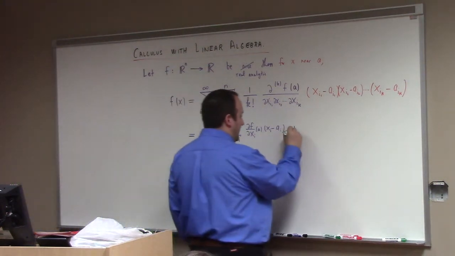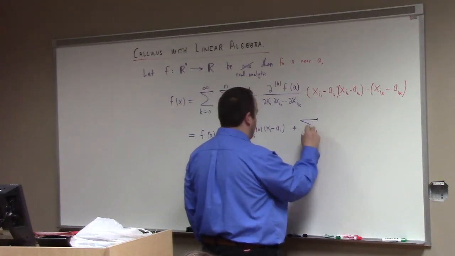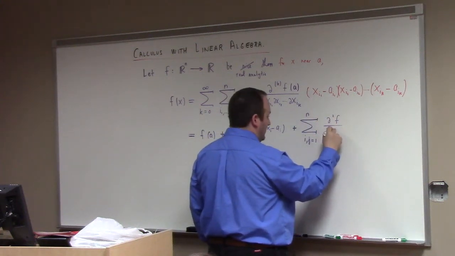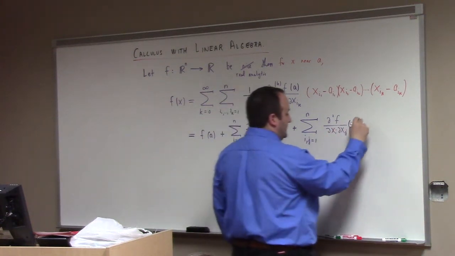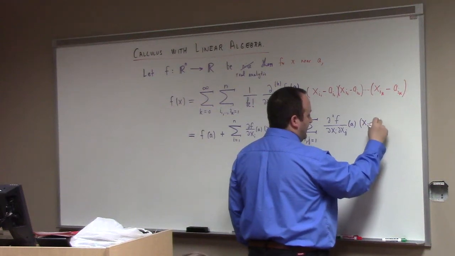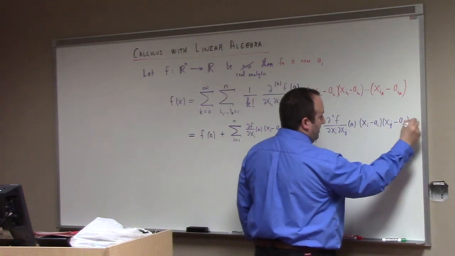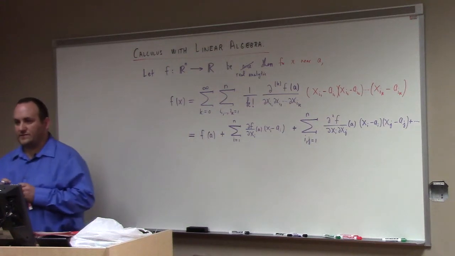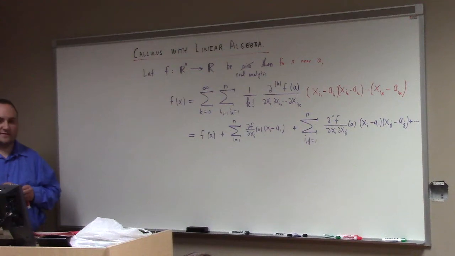K equals 2 in this thing is the sum i and j equals 1 to n, partial squared f, partial x_i, partial x_j, evaluated at a, times x_i minus a_i times x_j minus a_j. So there you go. That's what k equals 0, k equals 1, k equals 2 look like. These are the 0th order, the 1st order, and the 2nd order pieces in the multivariate power series expansion of a function of n variables.